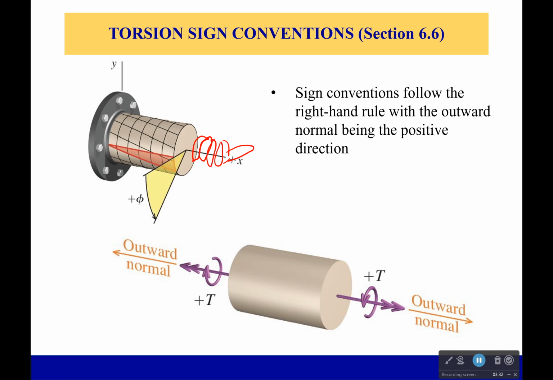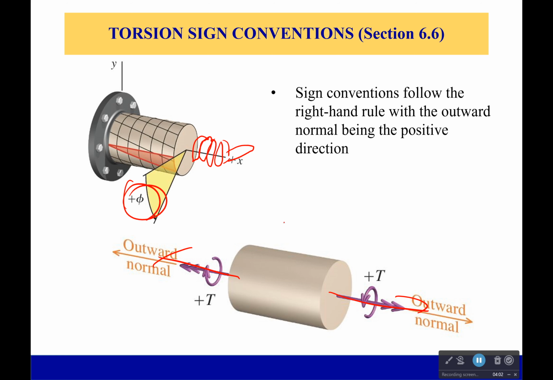So if you wrap your fingers around the positive x-axis, your thumb points in the positive direction. Or better yet, if your thumb is pointing along the positive x-axis, then your fingers wrap around in the direction that is the positive change in angle. And that is positive for either side. So a positive torque will have an opposite rotation on either side, still based on my right hand rule.